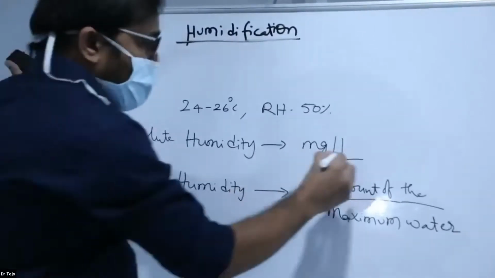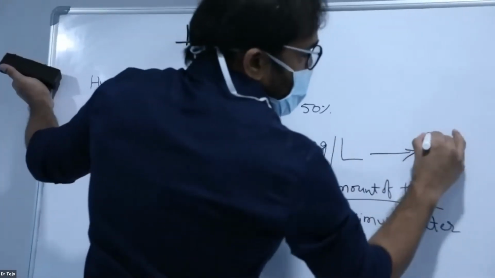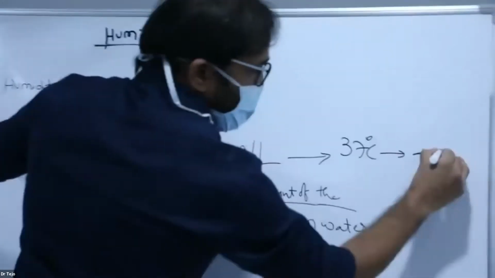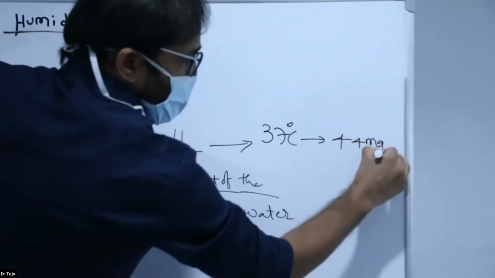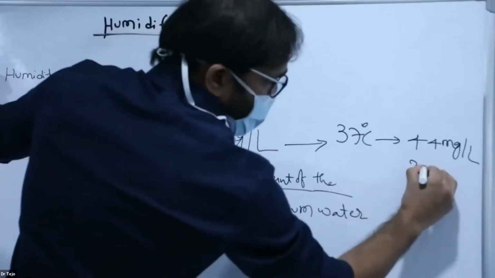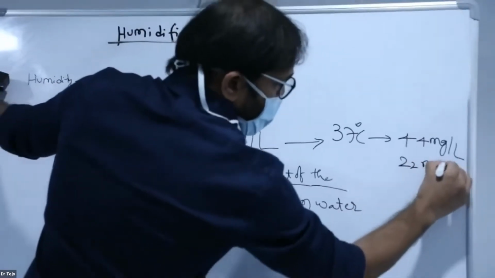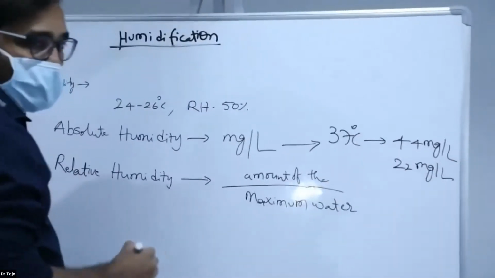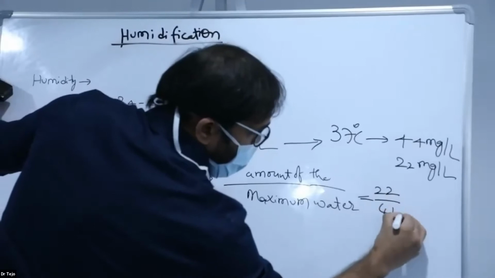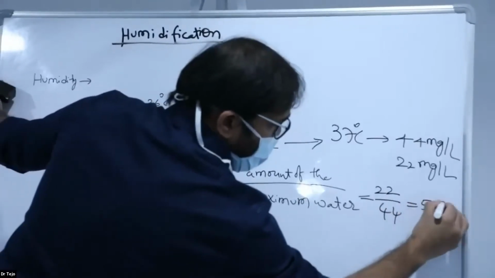So if at 37 degrees centigrade the maximum water vapor it can hold is 44 mg per liter, and if the water vapor content is 22 mg per liter at 37 degrees centigrade, then we will take it as 22 by 44. It is 50% relative humidity.